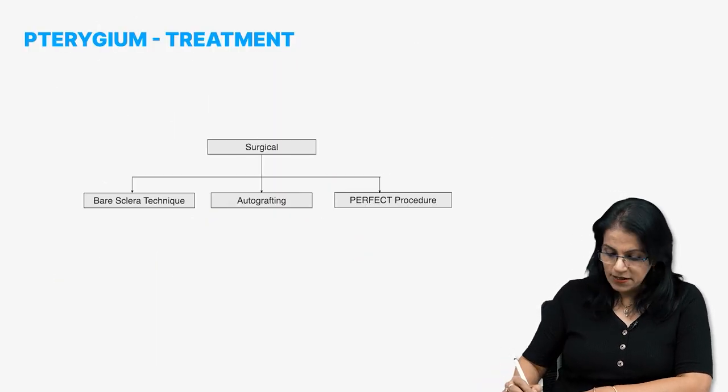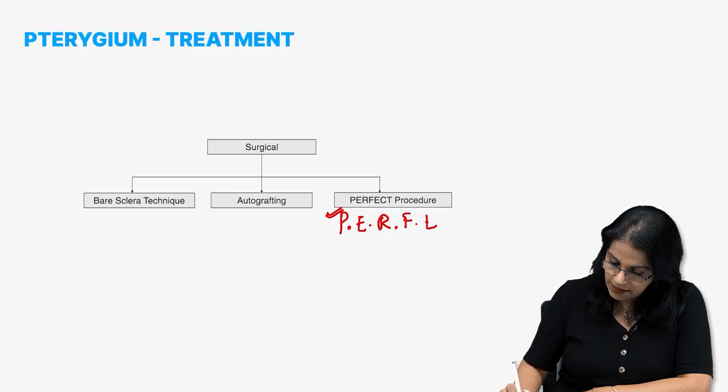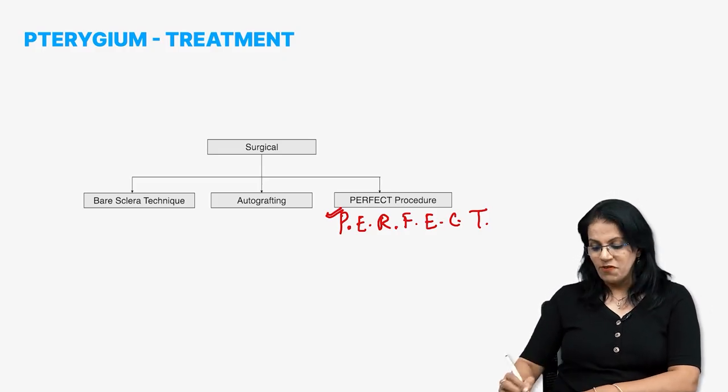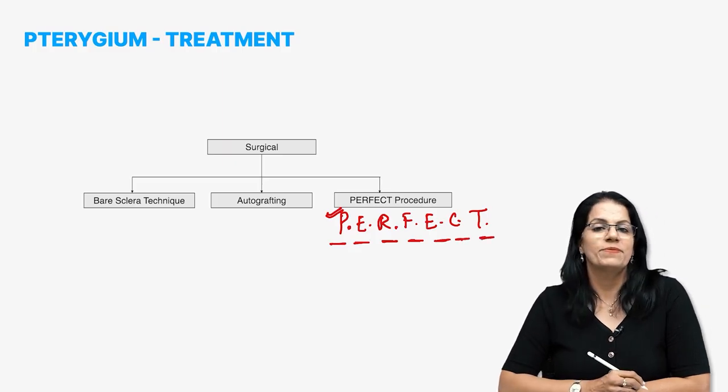Okay. So understood? So what is perfect surgery? It is P, there should be a dot here. It should be written like this. The full form is pterygium extended resection followed by extended conjunctival transplantation.